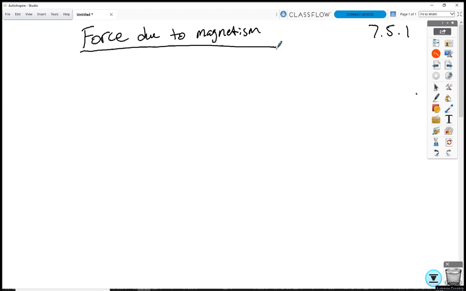So I want you to learn that and remember that. In electric fields, the field lines point from positive to negative, and in B fields, the lines point from north to south. So that's for magnetic.